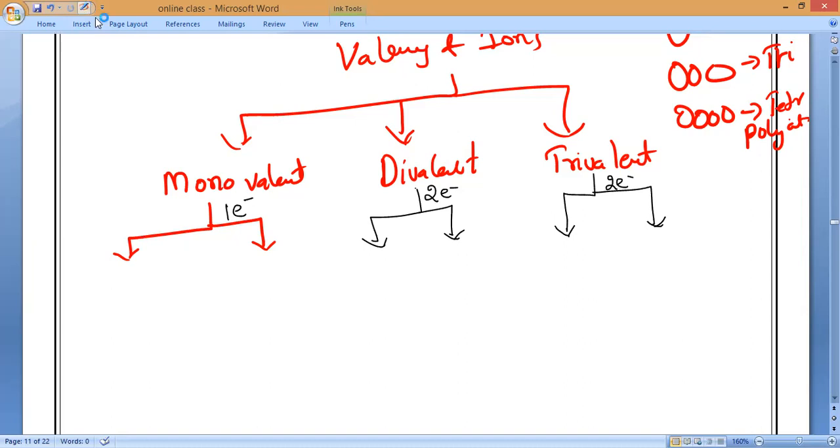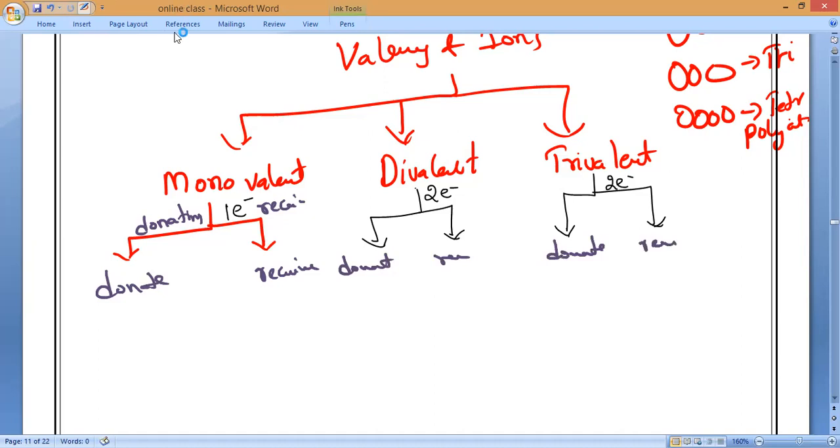Cation. And this is receiving. You can write it here: donate, receive. Here also donate and receive, and here also donate and receive. Please write it.